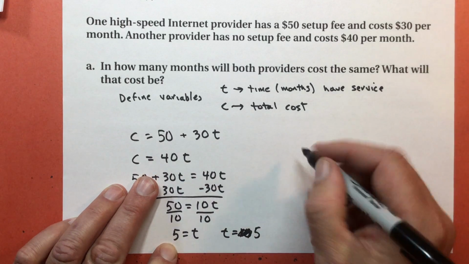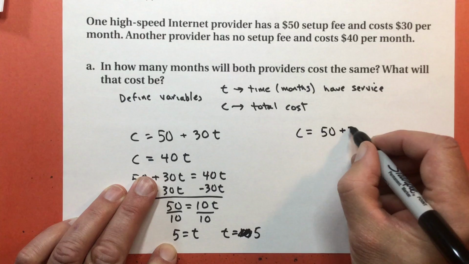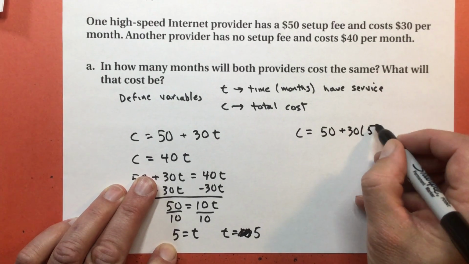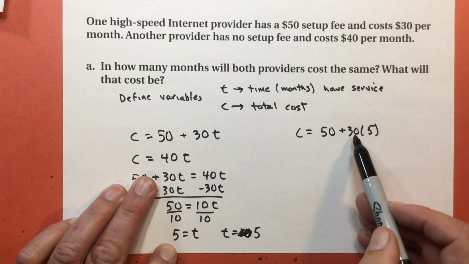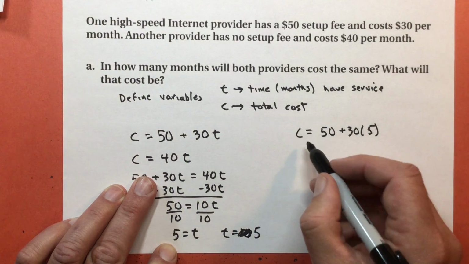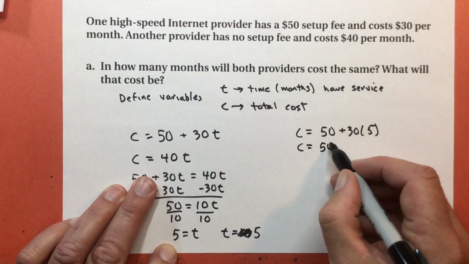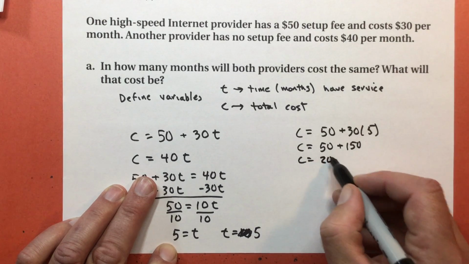Well, let's check it. So the cost is going to be 50 plus 30 times 5. So you paid for this service for 5 months at $30 a month. That's 30 plus 30 plus 30 plus 30 plus 30, the same as 30 times 5. So that's going to be 50 plus $150, which equals $200.